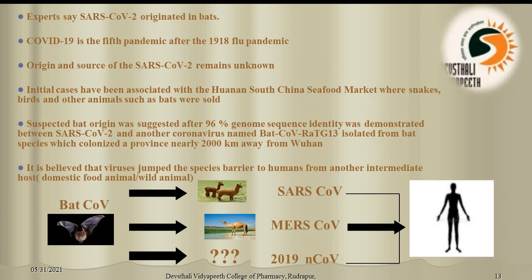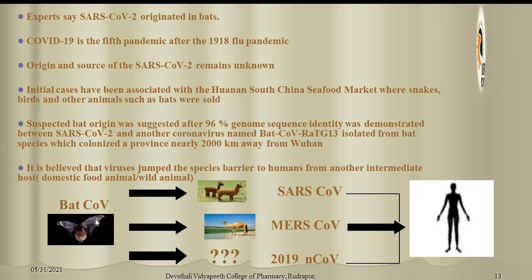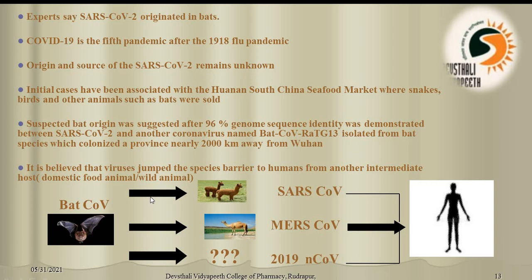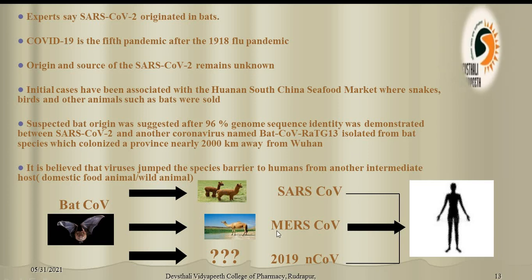As we look at the figure, the bat is the suspected origin. For SARS-CoV, seen in 2003, the intermediary animal was the civet cat. For MERS-CoV, dromedary camels were the intermediary animals.